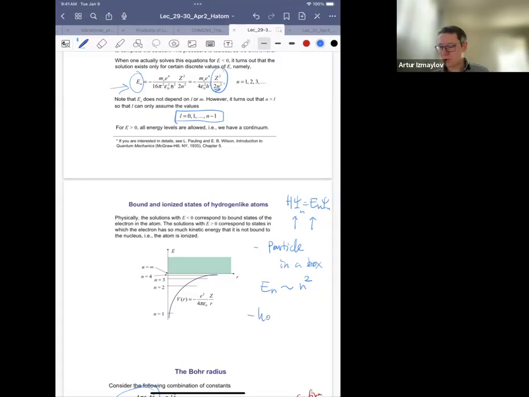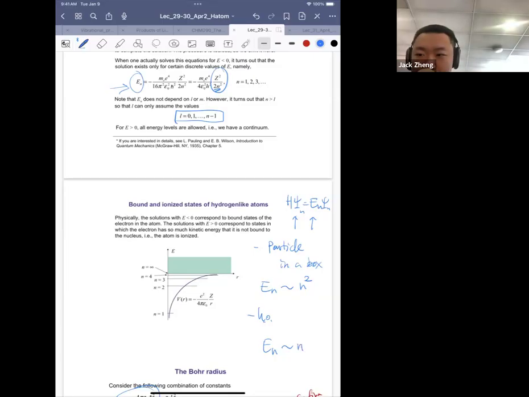That was the second problem. Very accurate. And energy levels of harmonic oscillator: how did they scale with n? With the sine function. Sine function.